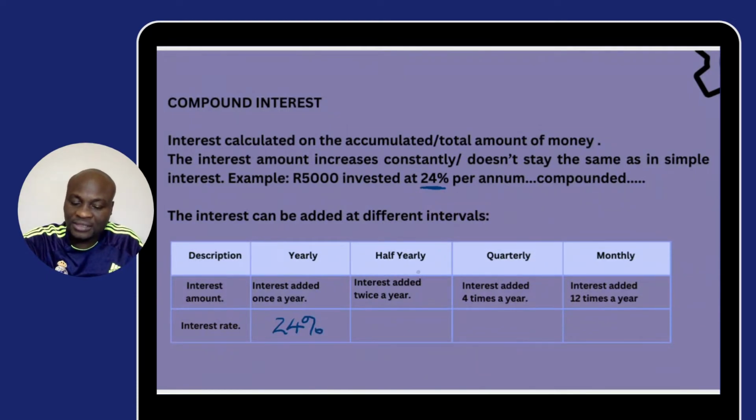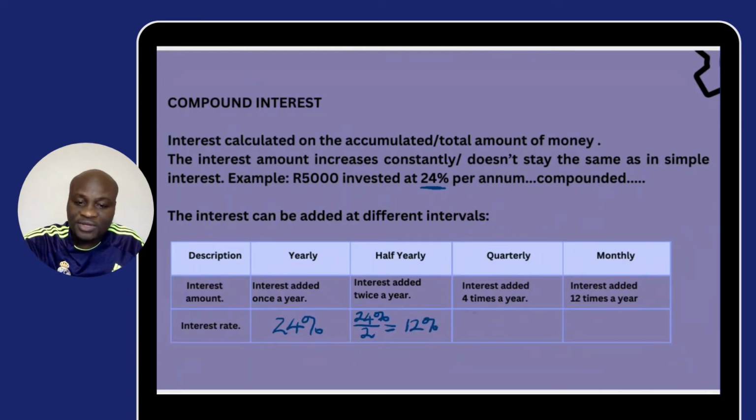If it's half yearly, the interest is being calculated twice a year, so the interest rate is now 24% divided by 2. Why? Because we are doing it twice a year, which means after every 6 months. And we calculate that 12% becomes our interest.